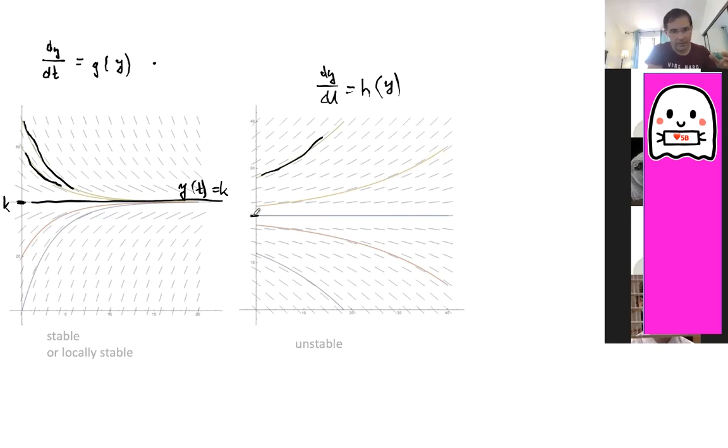And let's say on this level k, we have another solution, which is a constant function, y of t equals a constant, a constant solution. Then this is also an equilibrium solution, another equilibrium solution to this differential equation.